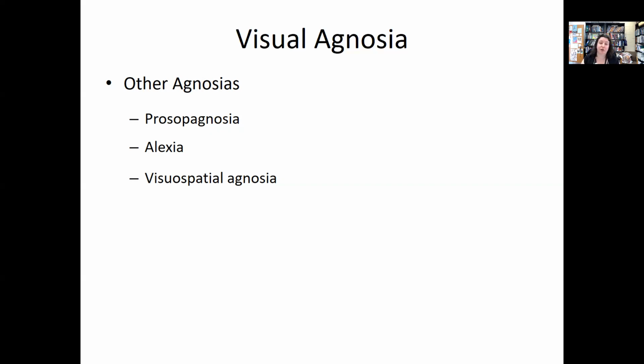You could have what's called pure word deafness, which is auditory agnosia for speech. So very similar to what we were just talking about with alexia, essentially. And then auditory sound agnosia, where you can hear just fine, but can't recognize non-speech sounds. There are also tactile agnosias, where you have trouble recognizing things by touch. So those can be difficult as well.